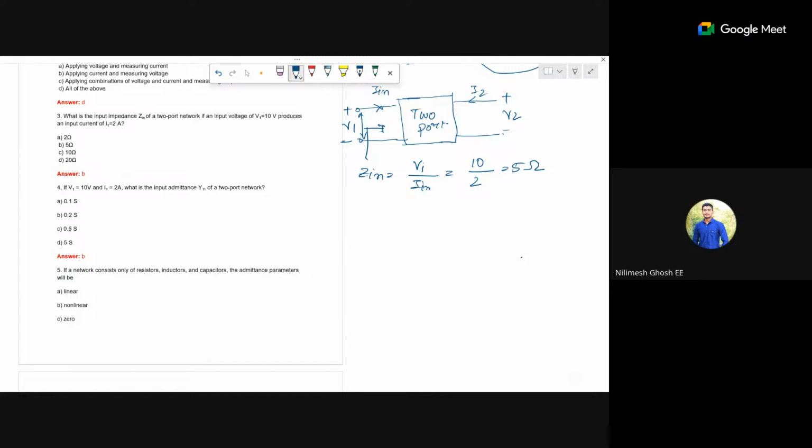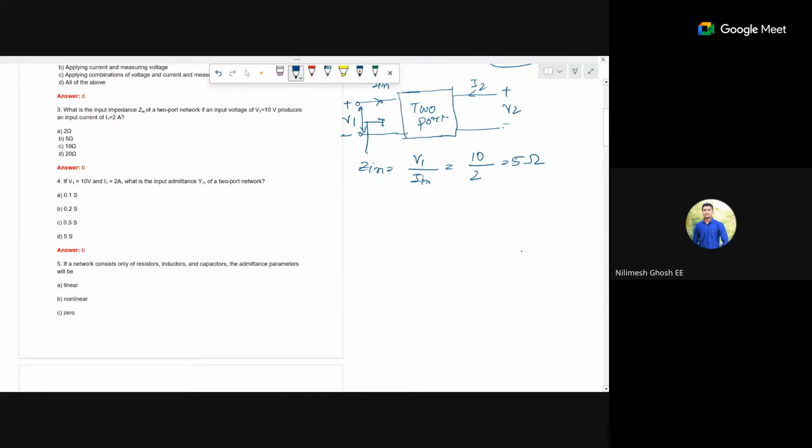In this particular network, this is V1 and this is V2, and both these ports are now open circuited.